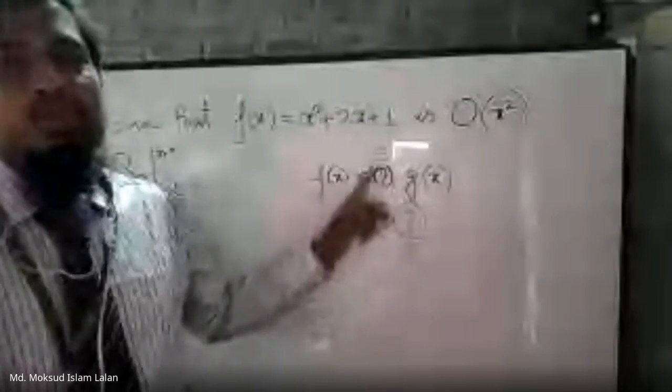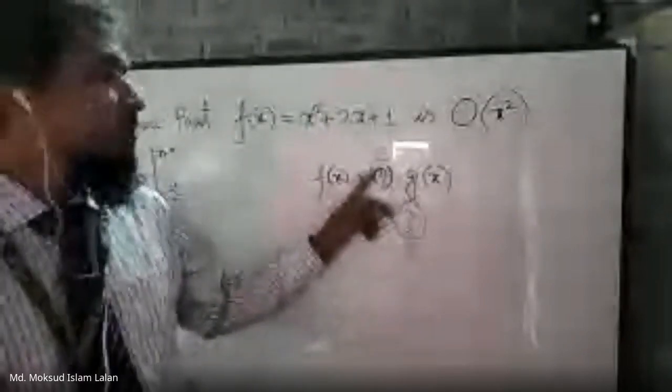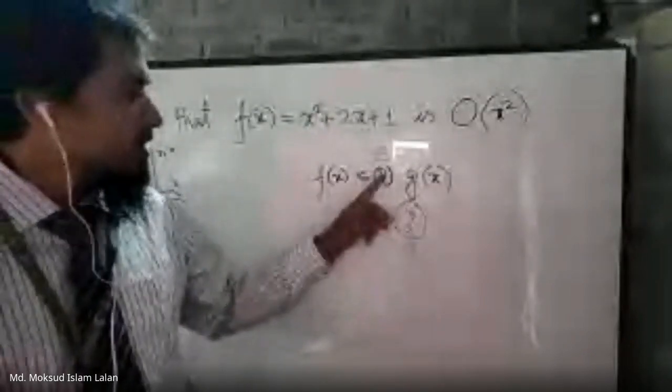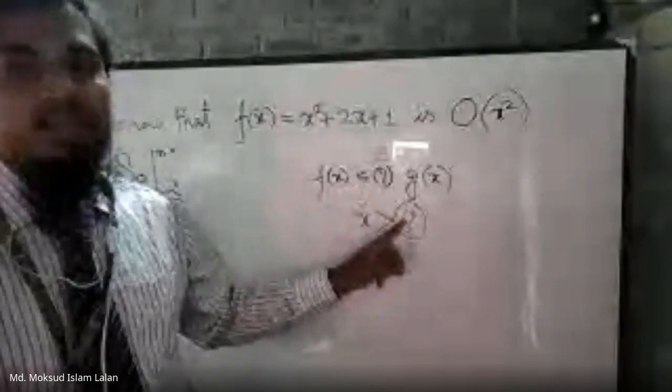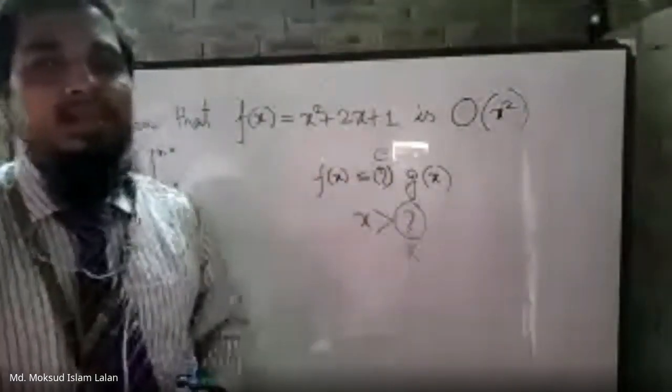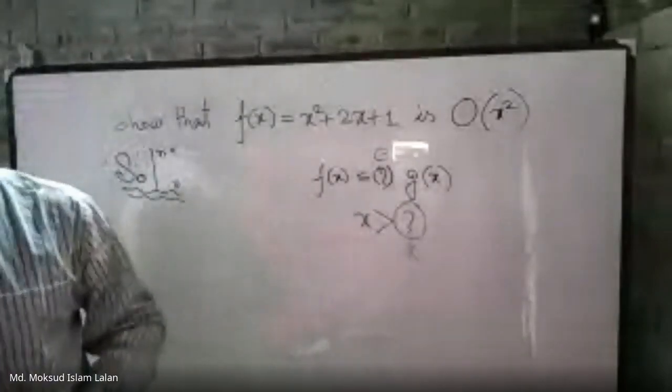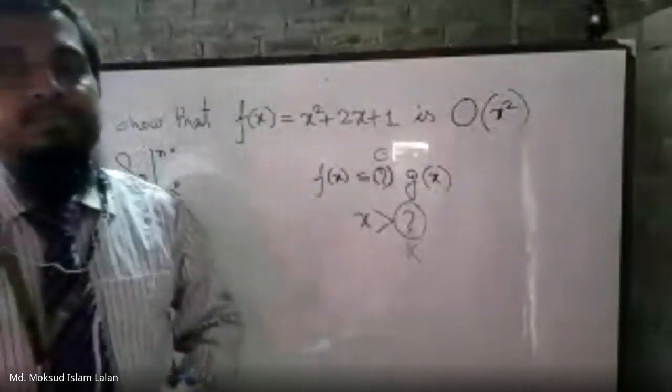Only we don't know these two values. I mean, only we don't know the two witnesses, C and K. So we have to find C and K. Is it clear?